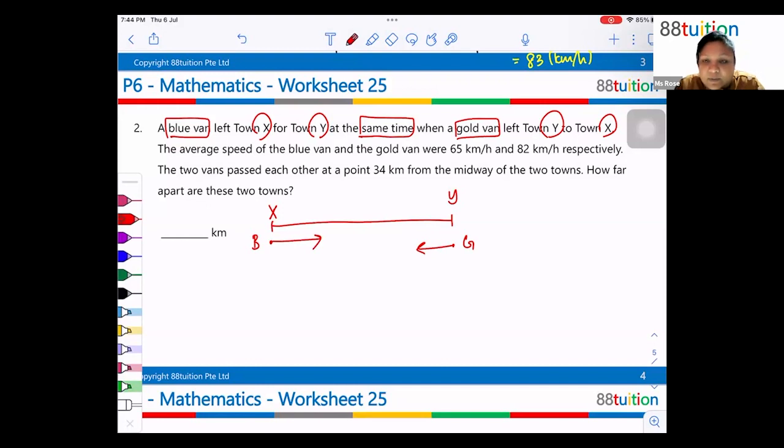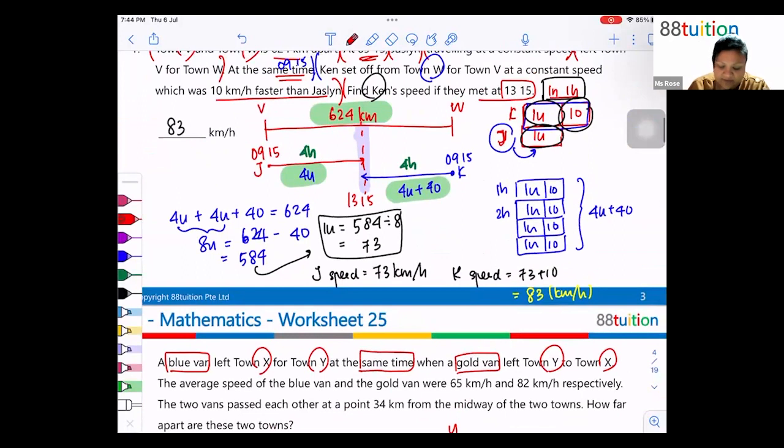So what is the distance in 1 hour? So there I have distance traveled in 1 hour.